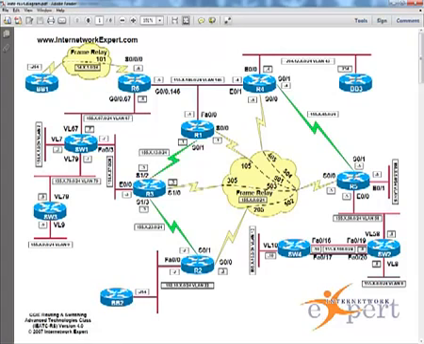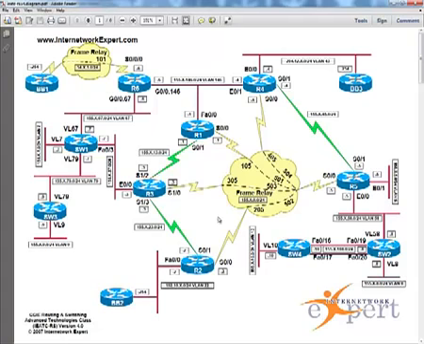So frame relay is slowly fading its way out. It's going to be one of those deals where eventually they'll get rid of it, like they did with ATM and X.25. So ATM is no longer on the IE blueprint, even though it's still widely used in service provider networks.